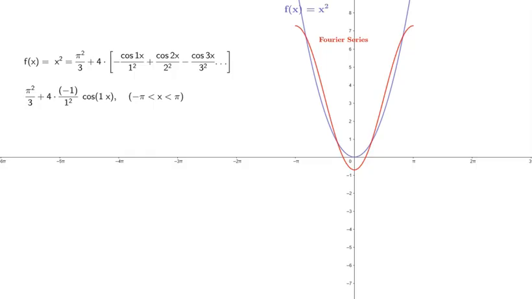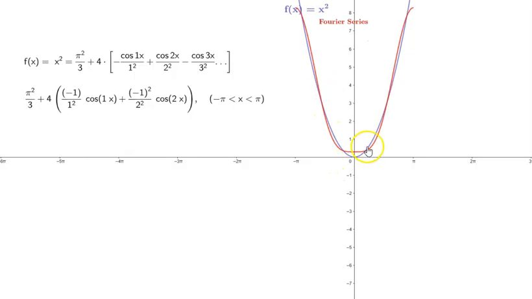Now, if we take the second term also, it has got closer to the function f of x equal to x square. And the series has become minus 1 by 1 square cos 1x plus minus 1 square by 2 square cos 2x. And here we are restricting ourselves to the interval minus pi to pi.